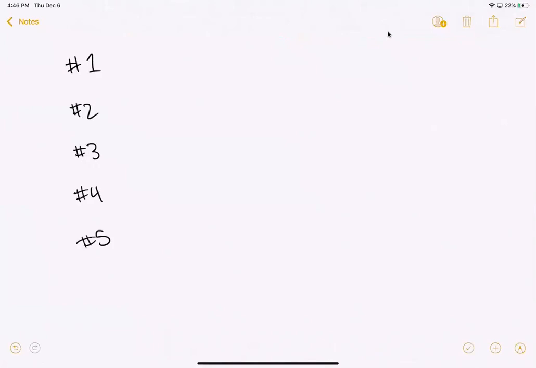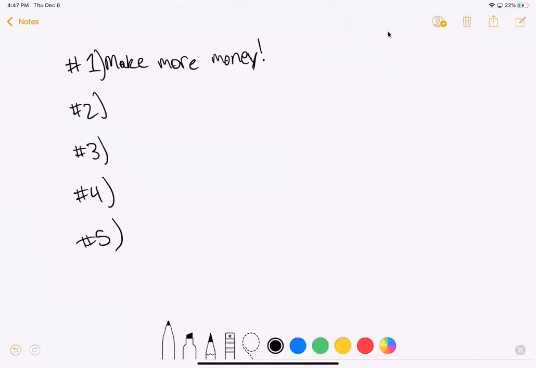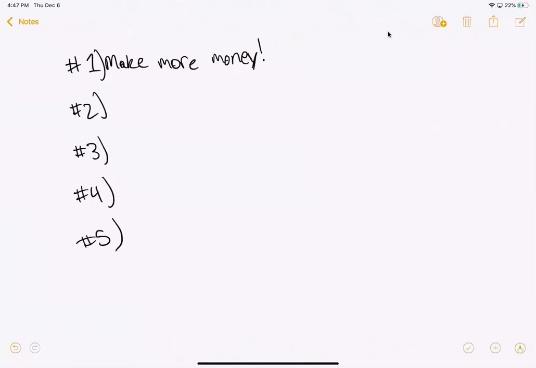Stage one is literally just make more money. I'm gonna do circles this time. Make more money, right? So this is the initial claim whenever people were talking about Shopify when it first came out, with Shopify and Facebook ads selling cat t-shirts, make more money.